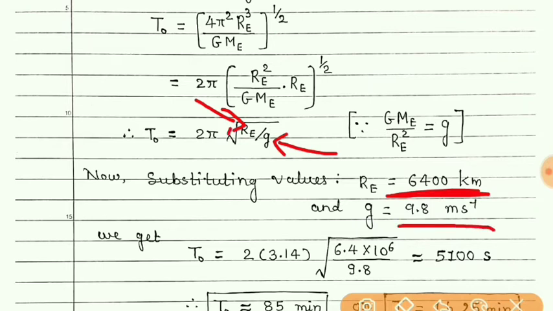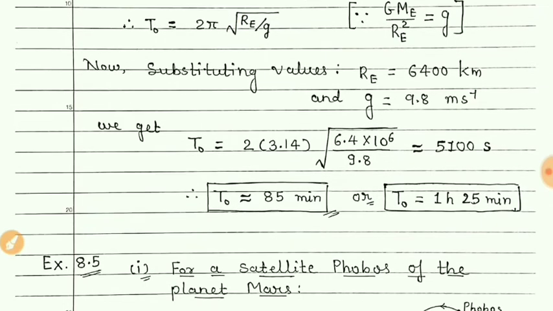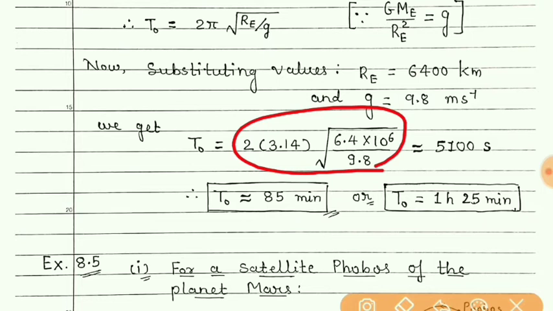So if we put these values in this equation as well as 2 and pi, and calculate, we'll get T naught nearly equal to 5100 seconds.